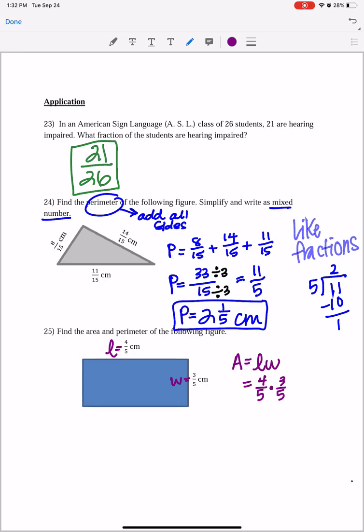So cross reduce if you can. 4 and 5 you can't reduce, 5's prime. 5 and 3 you can't reduce because 3 and 5 are prime. So multiply straight across. So 4 times 3 is 12. 5 times 5 is 25. So my area is 12/25 centimeters squared, because we're talking about area.